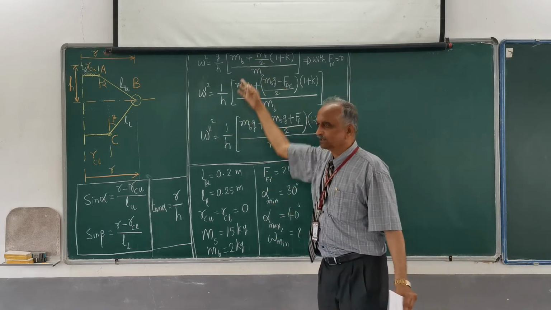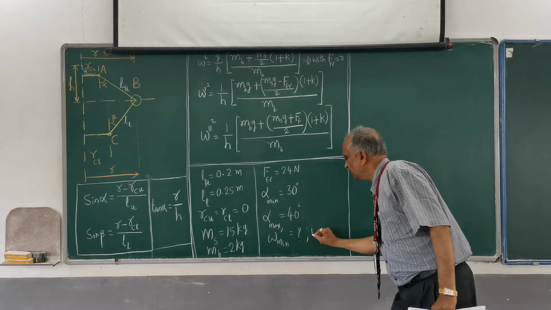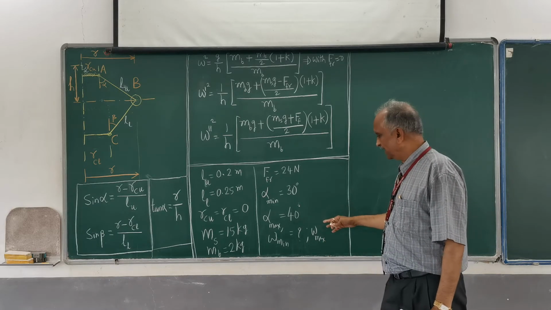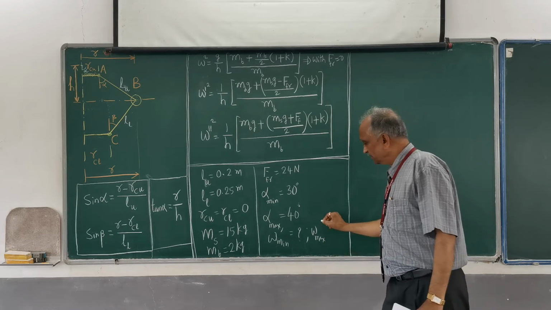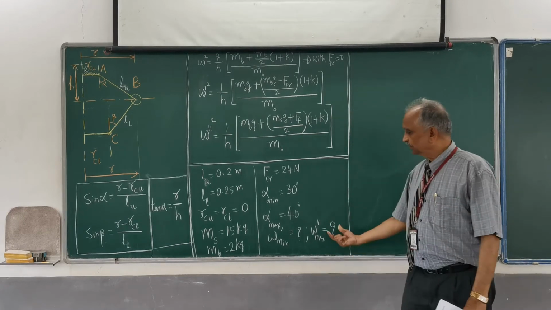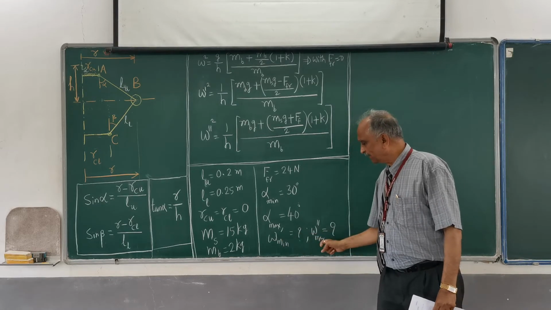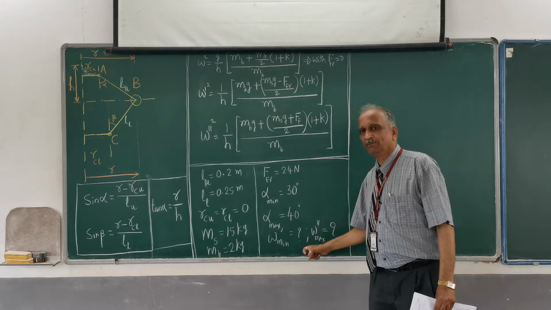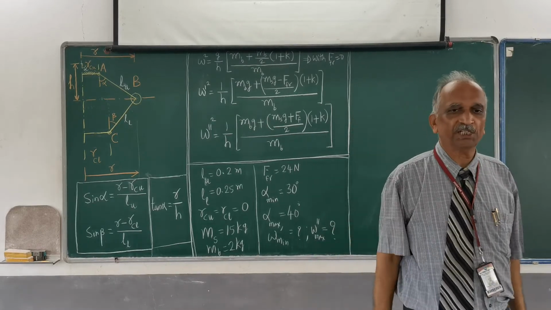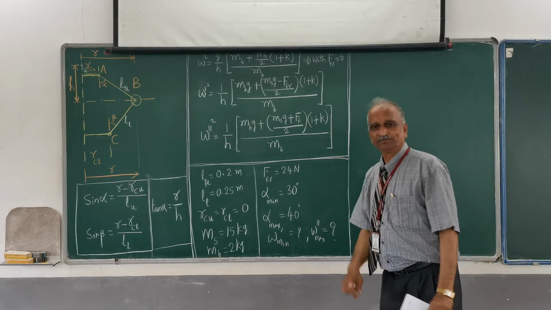And the maximum speed is omega max double dash. So you are asked to find this speed and subtract omega max double dash minus omega minimum dash, and that is the range of speed taking friction into account. So ultimately what we need to find out is this and this.